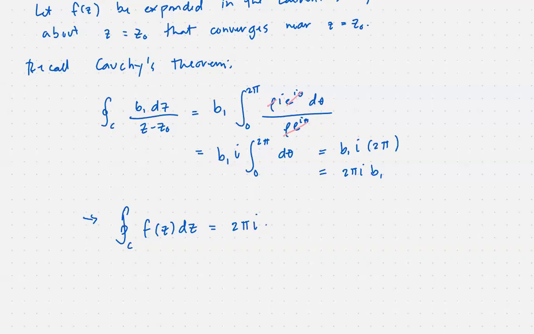Now, note that B sub 1 is actually our residue of f of z.